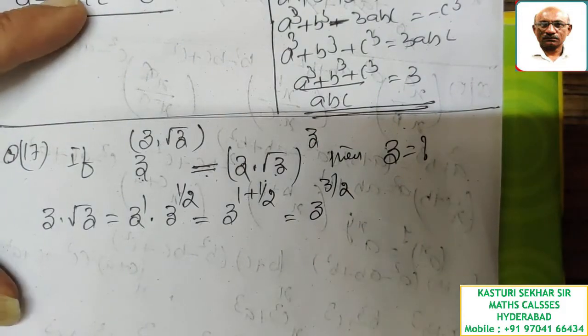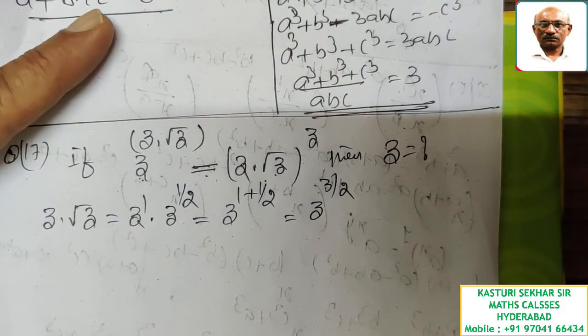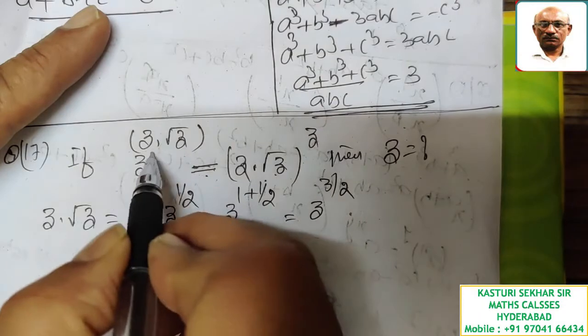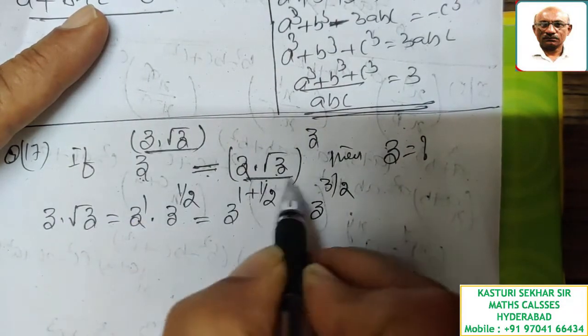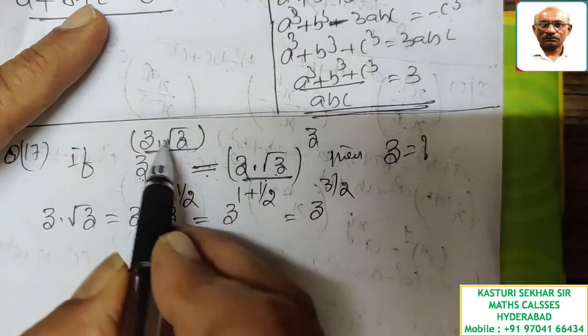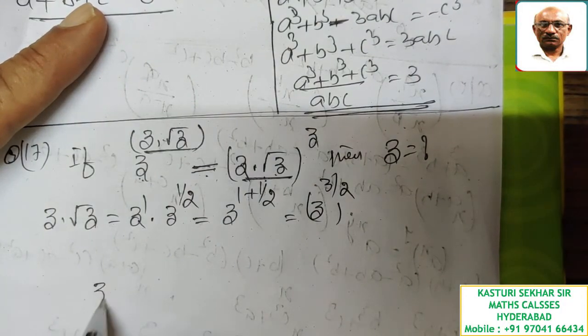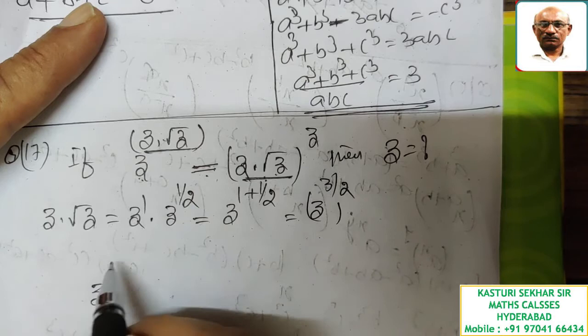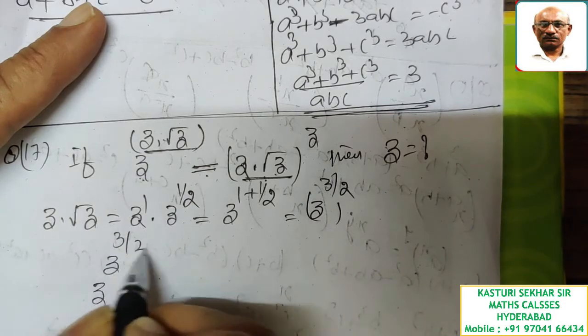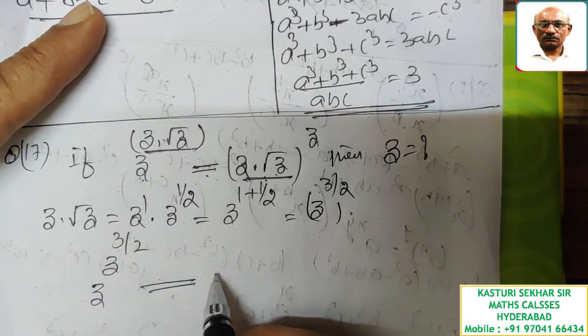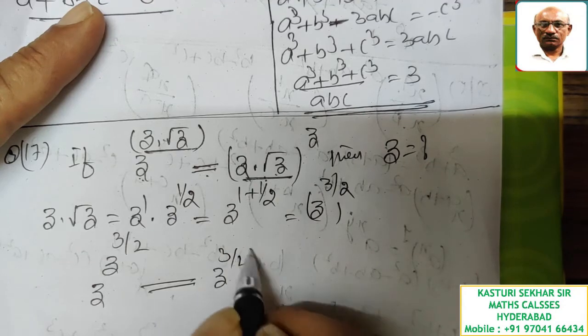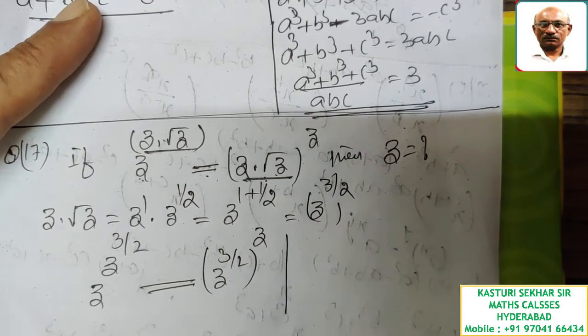This is z to the power 3 by 2. So the power on the left hand side and the base on the right hand side can be replaced with z to the power 3 by 2. So the left hand side is z to the power 3 by 2, the right hand side is (z to the power 3 by 2) whole power z.